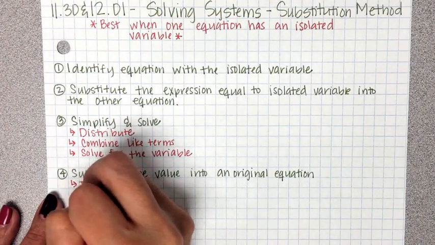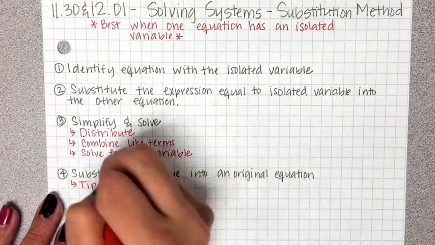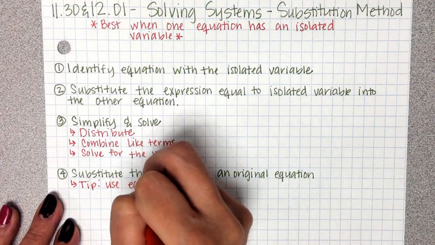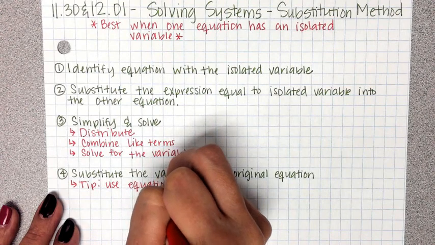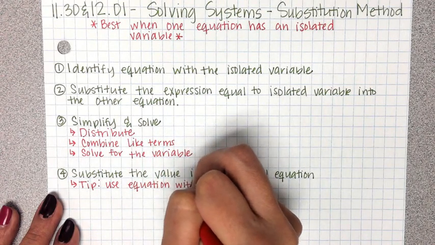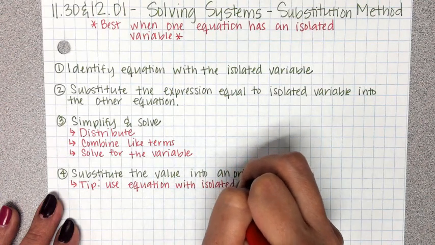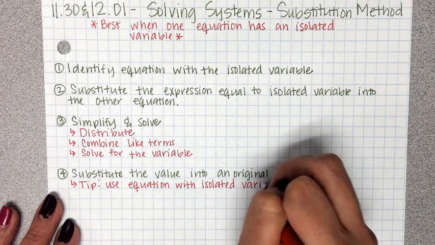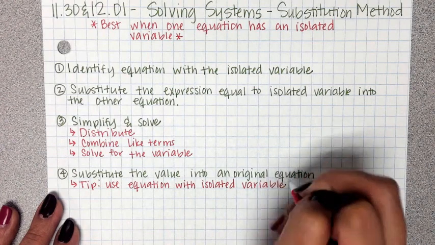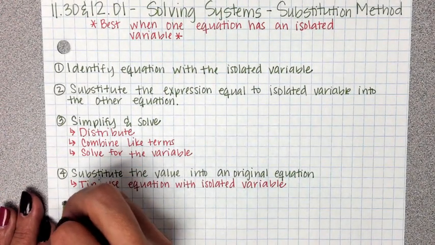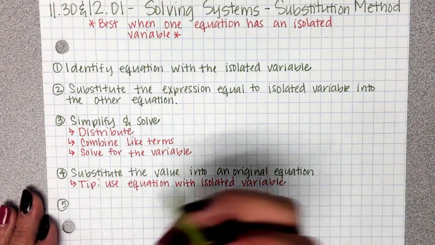A good tip is to just substitute it back into the one with the isolated variable. Now you're going to solve for the other variable.